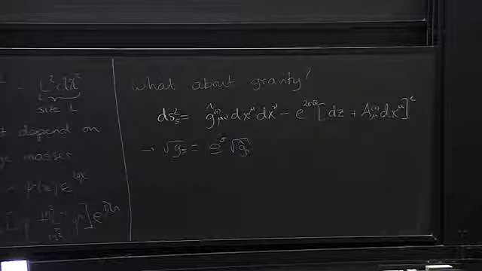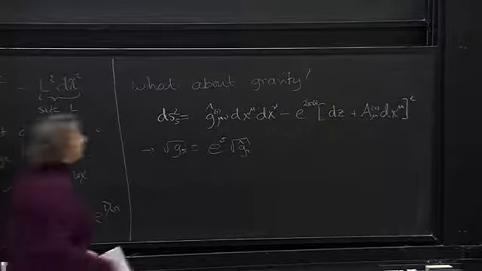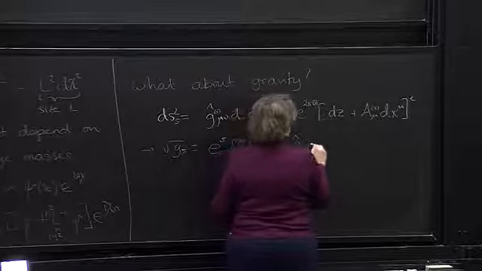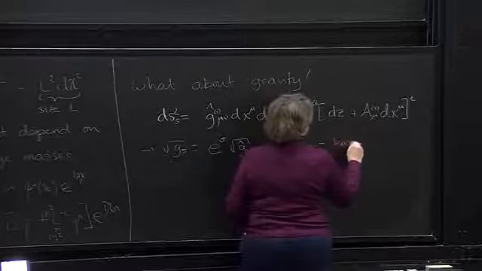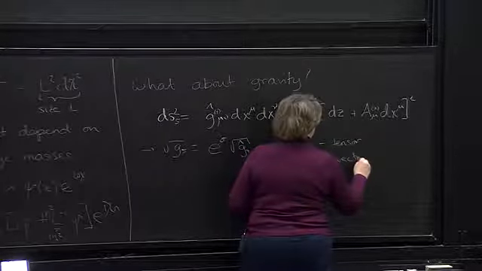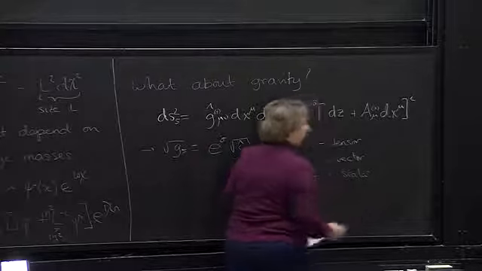There's also another reason for splitting it up that way: it sets the scene for computing the curvature. Here we've split things up into g hat, which is like a tensor, A, which looks like a vector, and sigma, which is a scalar.